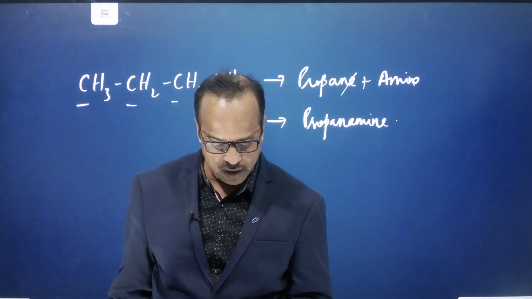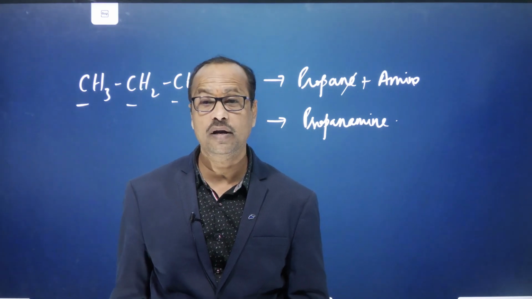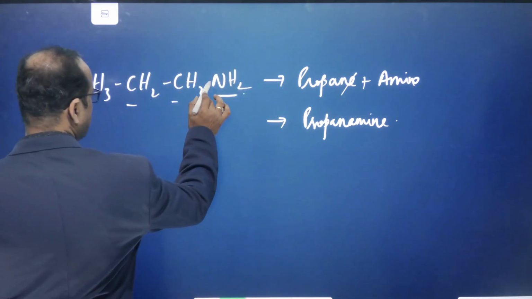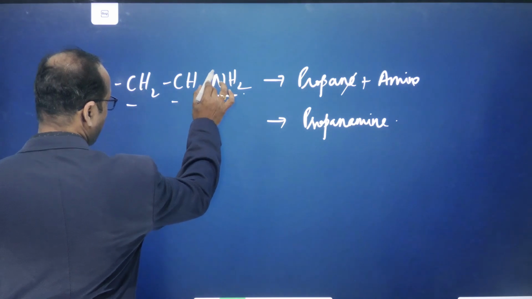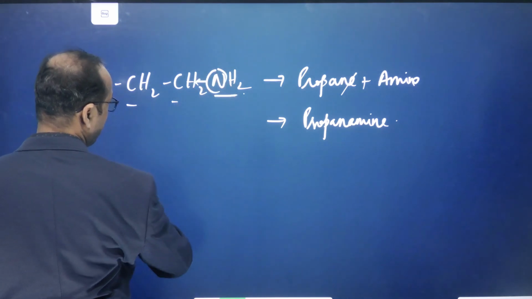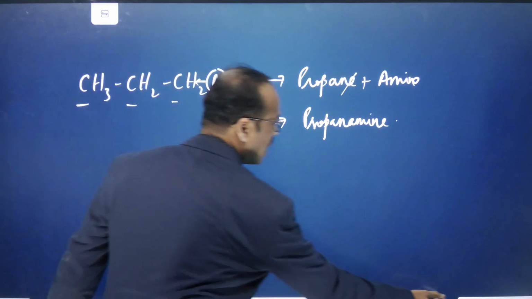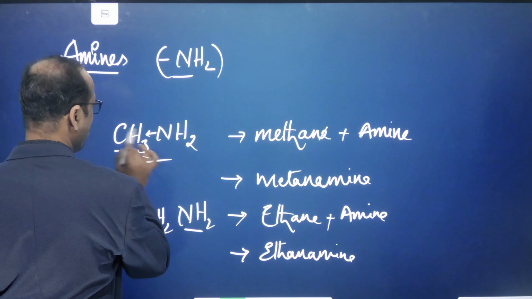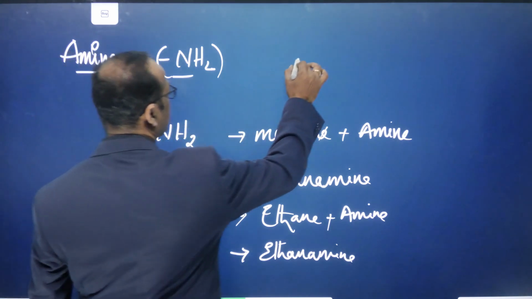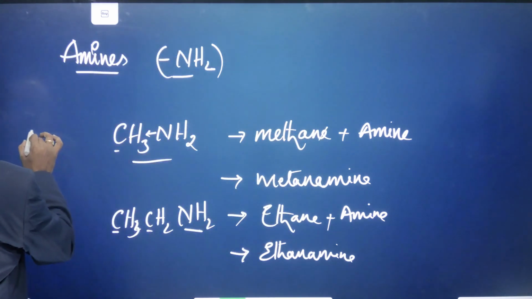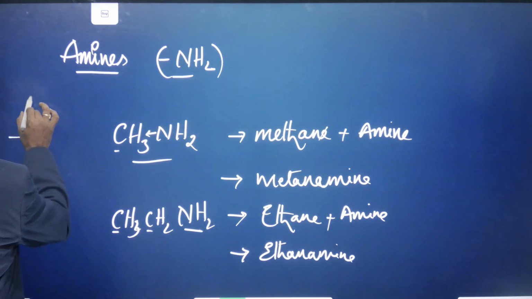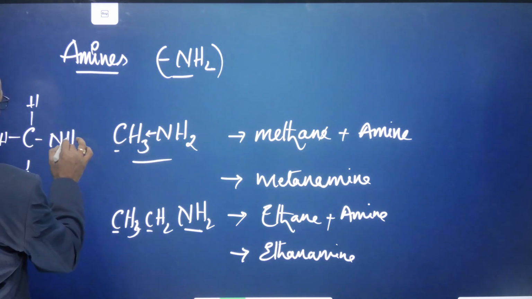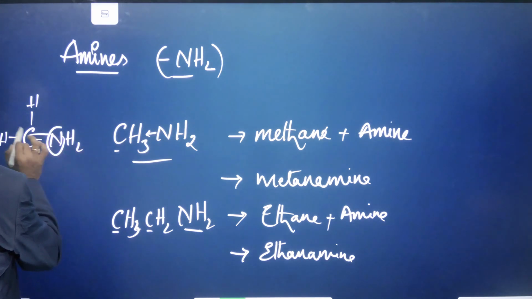These are called primary amines. Why? Because in these cases the nitrogen is attached to only 1 carbon, and on the other side 2 hydrogens are there. The structure will be like this: CH3 and NH2, so this nitrogen is attached to only 1 carbon.